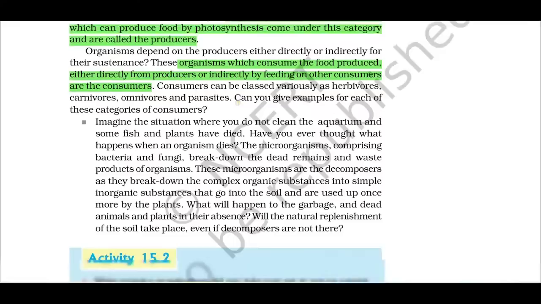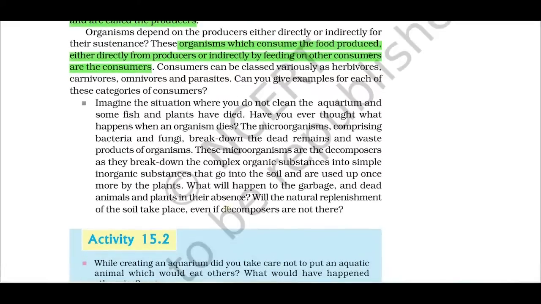Next, an important and very important question: the role of decomposers. The decomposers are microorganisms. What do they do? They break down the dead remains and waste products of organisms. Decomposers break down complex organic substances into simple inorganic substances that go into the soil and are used up once more by the plants.